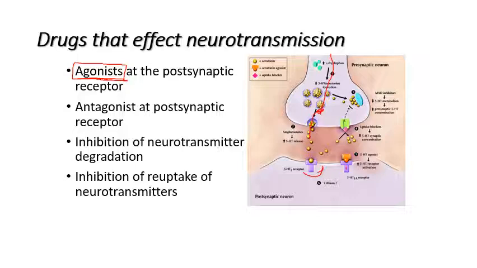We could also have an antagonist. What if we wanted to block the signaling? How could we do that? It's not shown here, but what if we had a molecule that could bind, kind of like a competitive inhibitor that we saw with enzymes?